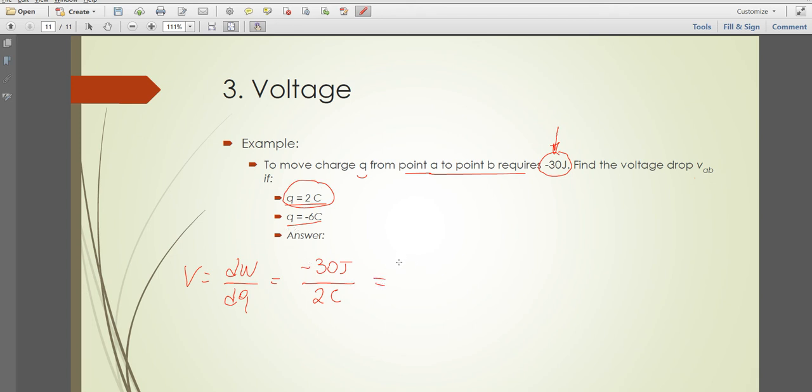If we do this, we end up with -15 volts. If we do the other part, it will be the same, -30 joules divided by negative 6 coulombs, and it will be 5 volts as a final answer.